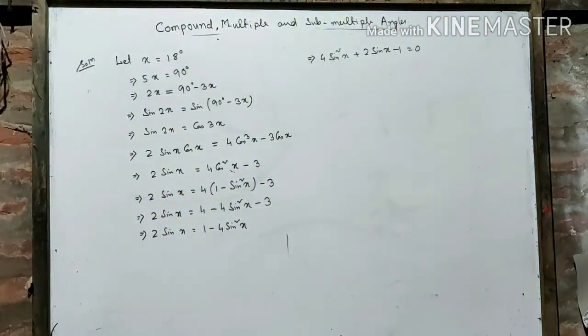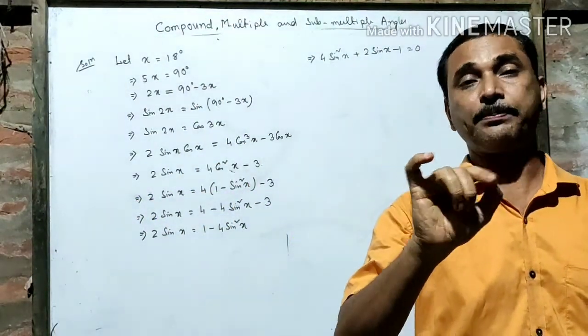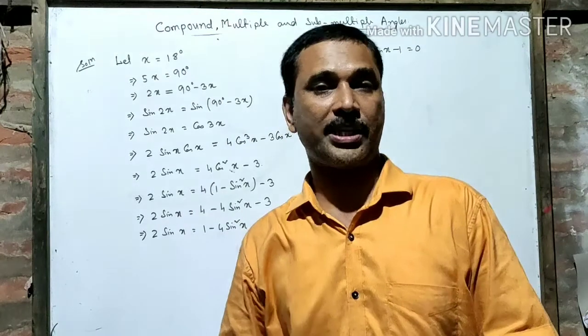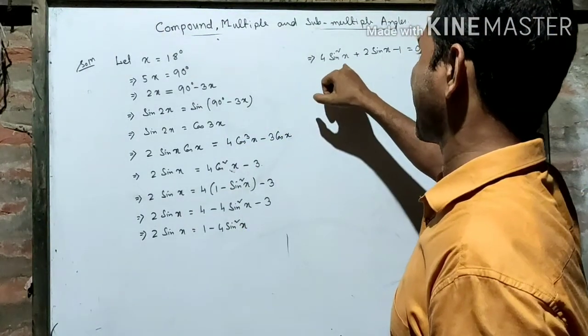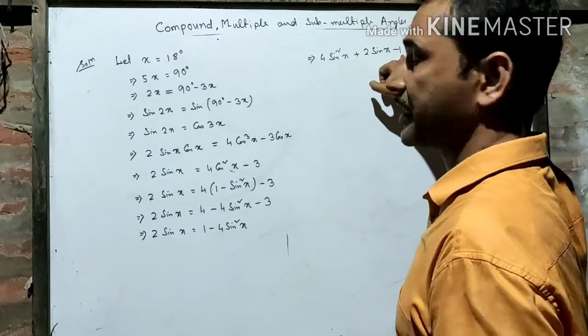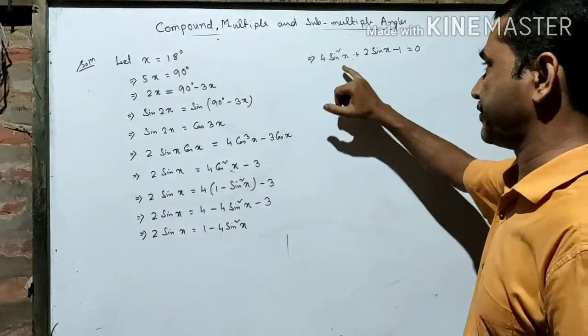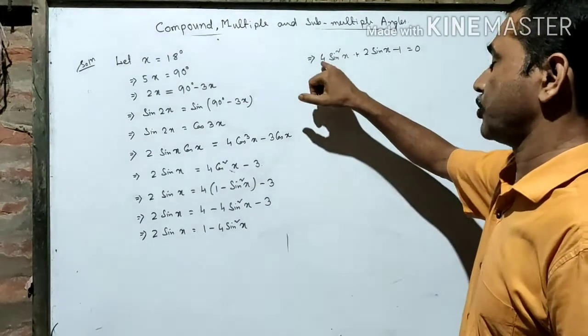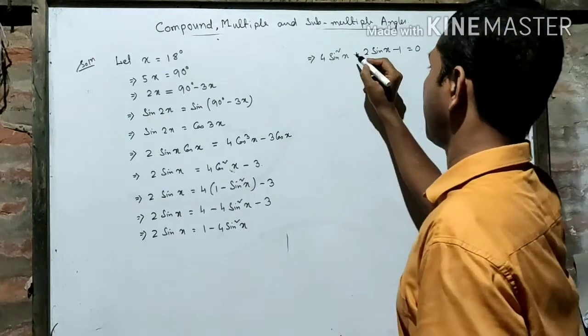So this is a quadratic equation in sine x, and we know what is the solution of quadratic equation. x equal to minus b plus minus root over b square minus 4ac divided by twice a. So here 4x square plus twice x minus 1. If you compare with quadratic equation, x means sine x here. So what is the value of a? A means 4, b means 2, and c means minus 1.